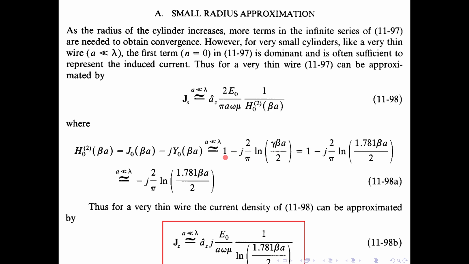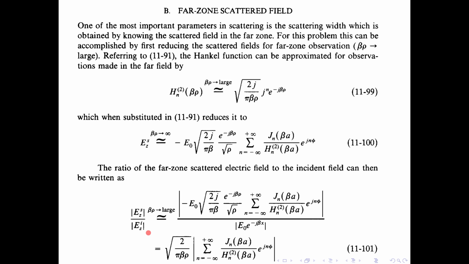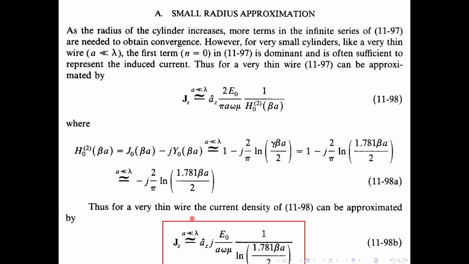But anyway, you get an approximation of the Hankel function of order 0 for very small arguments, that is imaginary, negative, and almost infinite, very, very large. And so this formula is the low argument or small radius approximation for the induced current.